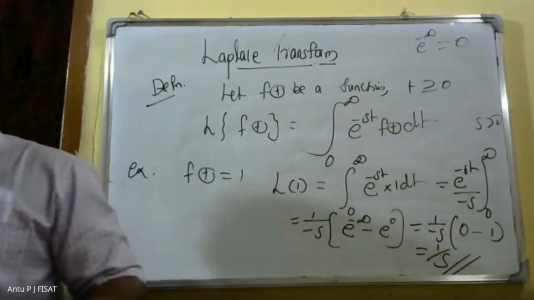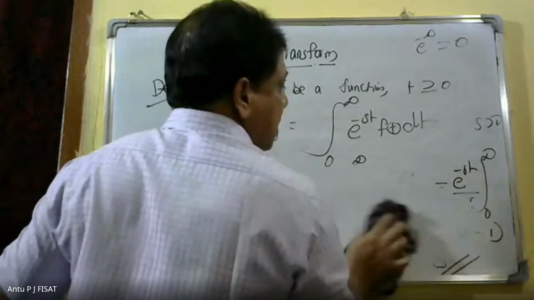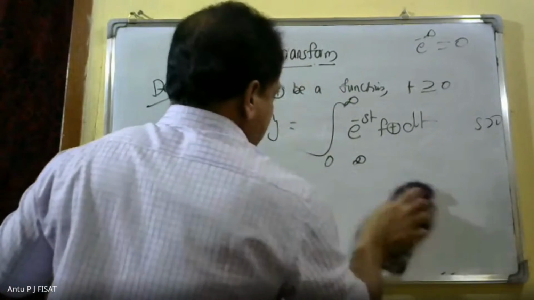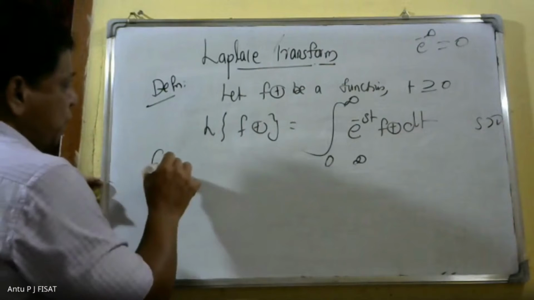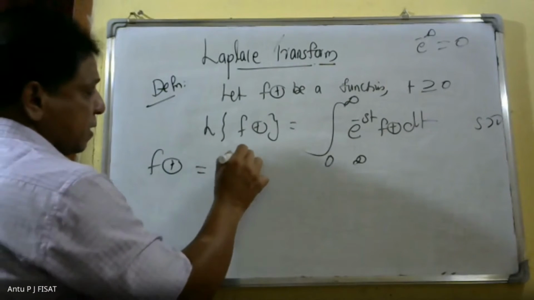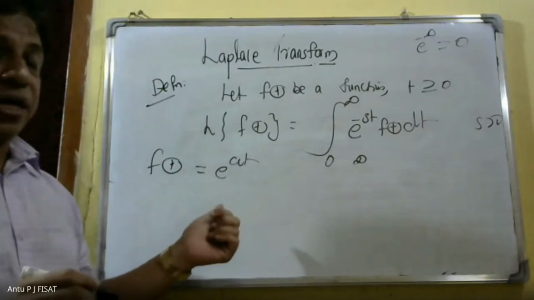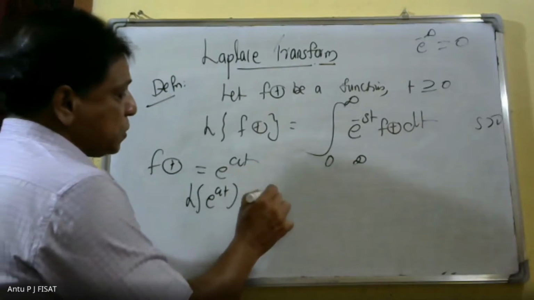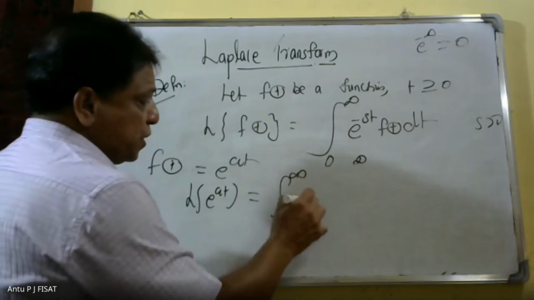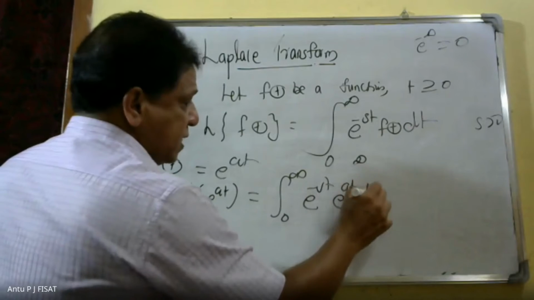Similarly, we can find the Laplace transform of another function, that is f of t is equal to e raised to at. Laplace transform of e raised to at is equal to the integral from 0 to infinity of e raised to minus st times e raised to at dt.